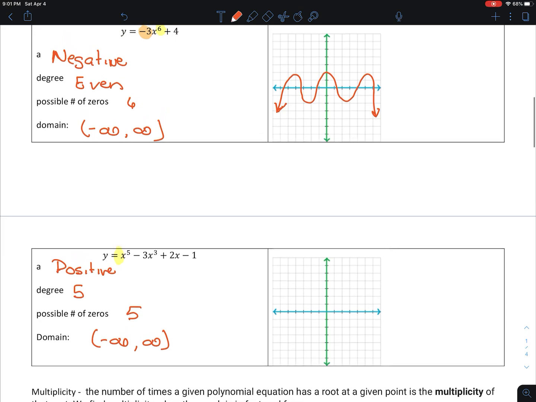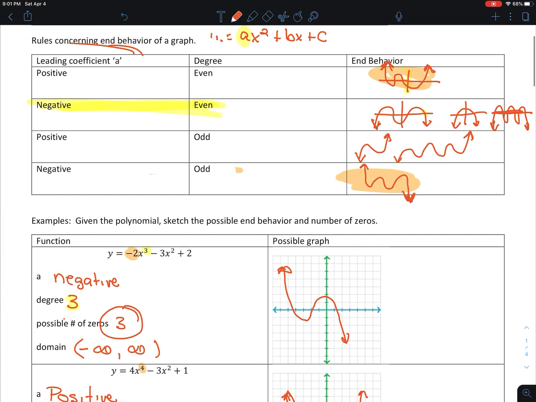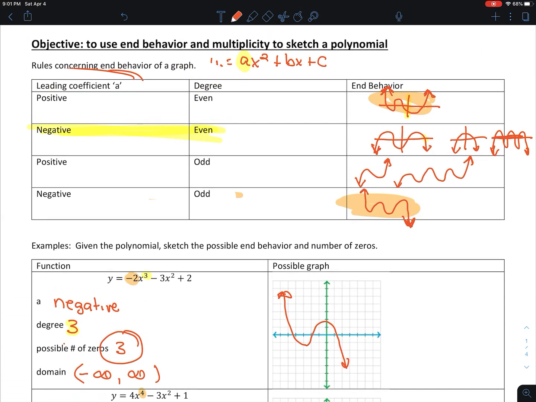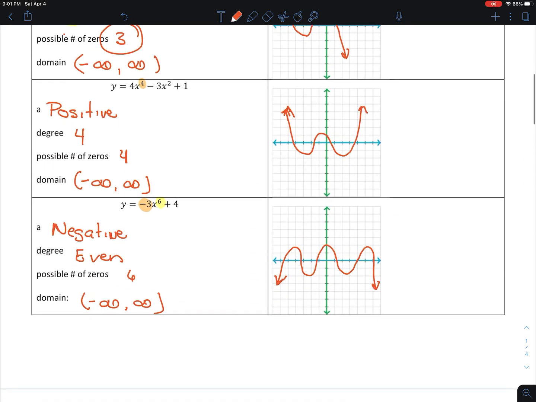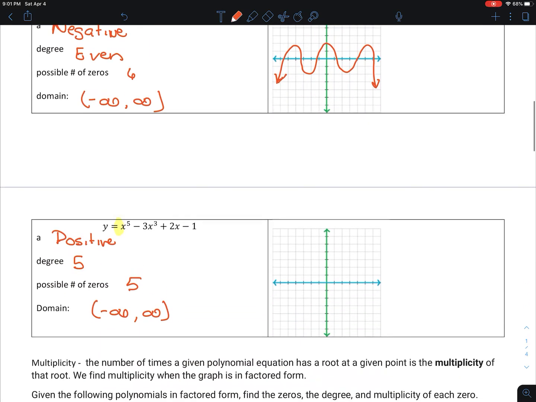So the degree is odd and it's positive, so it's going to look like this one. We're going to start by going downward toward negative infinity, and we're going to cross at least 5 times: 1, 2, 3, 4, 5.